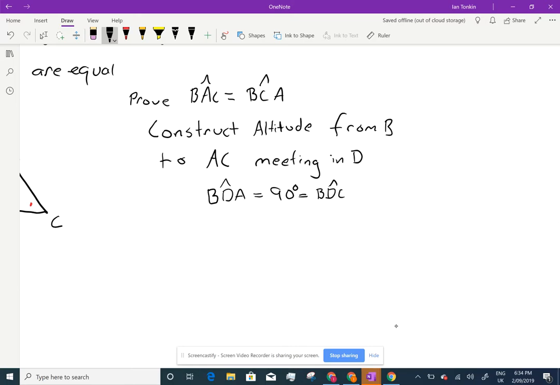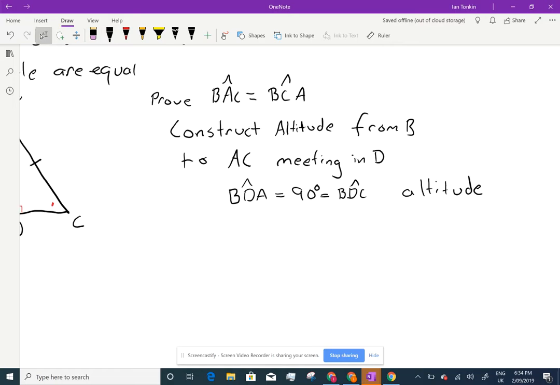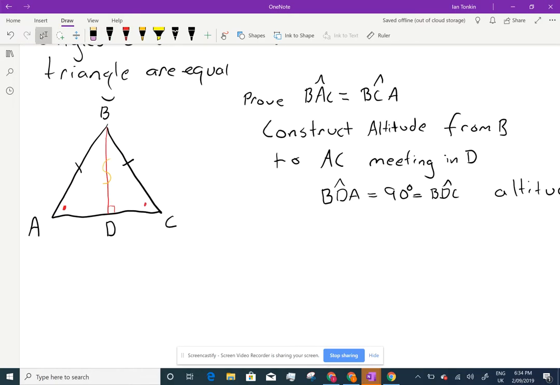Because we constructed it. It's an altitude. Right angle, hypotenuse.